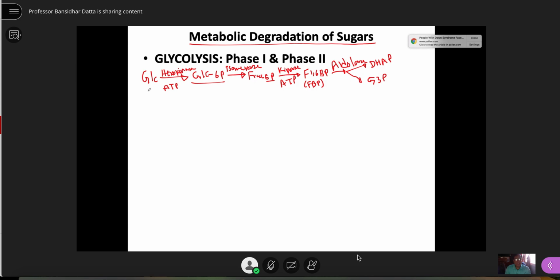Remember, fructose bisphosphate has carbon number 6. With the help of aldolase, it becomes a C3 and a C3, so it is split into half and half.